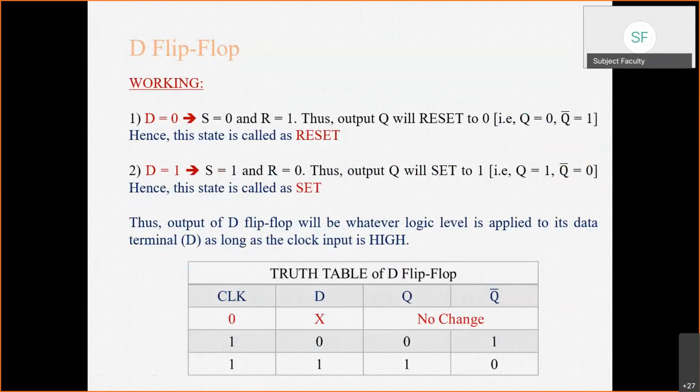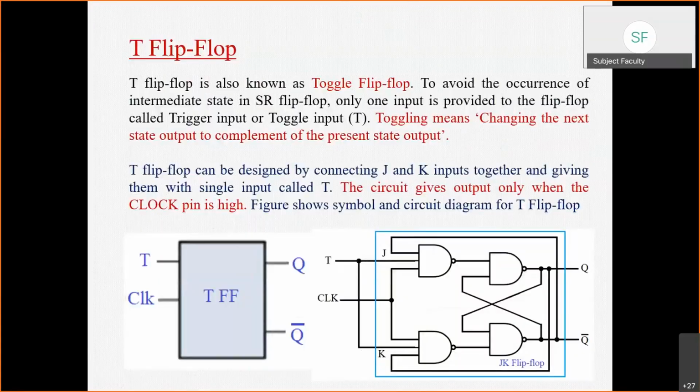Now the last flip flop is remaining, and it is nothing but the T flip flop. Okay, so T is also called the toggle flip flop. From toggle, we have given it the name T. In case of D, from where did we take D?